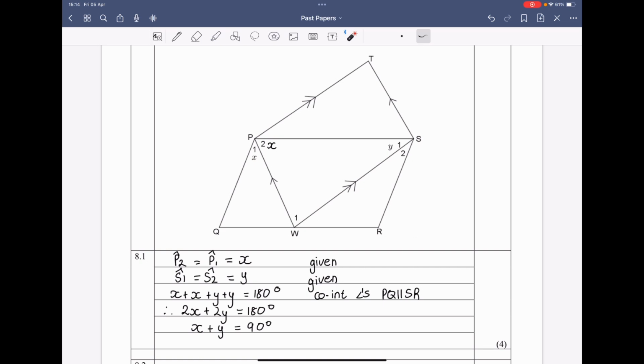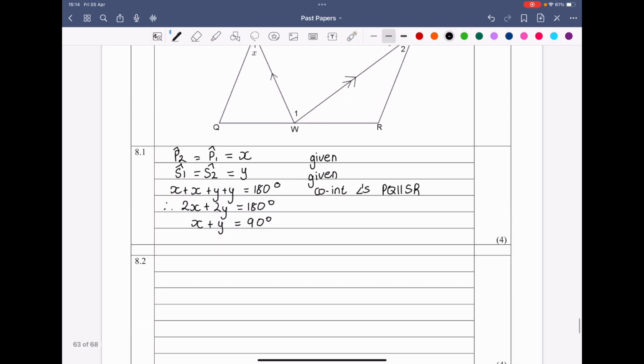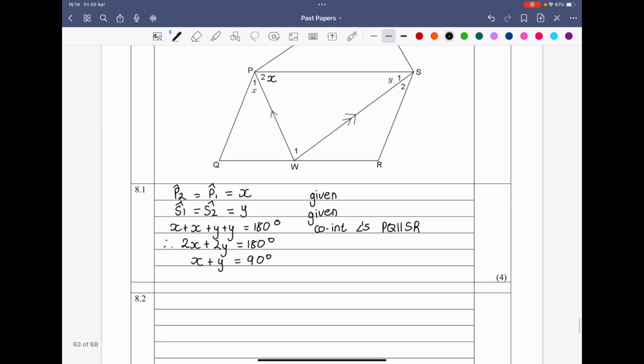And so if I've proved that W1 is 90 degrees, then I've proved that one of the angles in this parallelogram is a right angle, and that's enough to prove that the parallelogram is a rectangle. So I'm going to start with, I've already said P2 is equal to x in the first question, so I'm just going to go straight in and say that P2 plus S1 plus W1 must equal 180 degrees, and that is angles in triangle PWS.